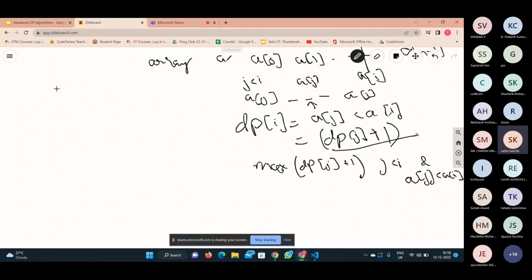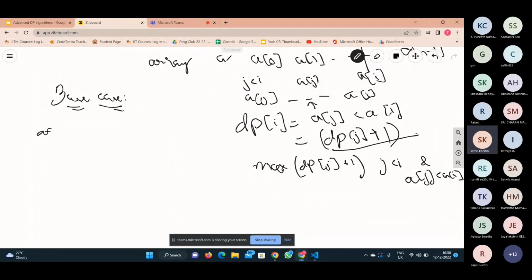Now we look at the base case. Let's say there is no j such that A of j is less than A of I, from A of 0 to A of I. Then what is the value of dp of I?